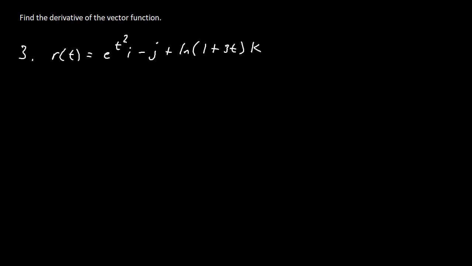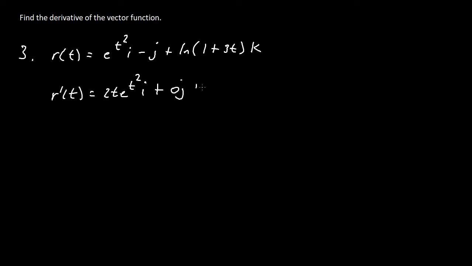For number three, we have r of t equals e to the t squared i minus j plus the natural log of 1 plus 3t times k. Now r prime of t is the derivative of e to the t squared in front of i, which is 2t e to the t squared times i. Plus the derivative of the coefficient in front of j, which is negative 1, and its derivative is 0, so we have 0j.